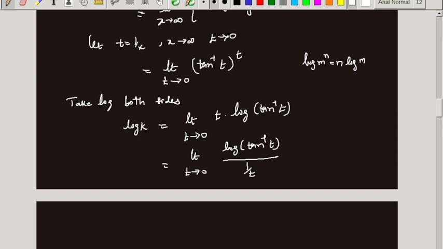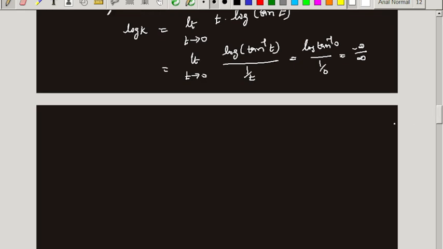So if we apply 0, log tan inverse of 0, tan inverse of 0 is 0, and 1 by 0. So here we get minus infinity by infinity. Now apply L'Hospital rule.